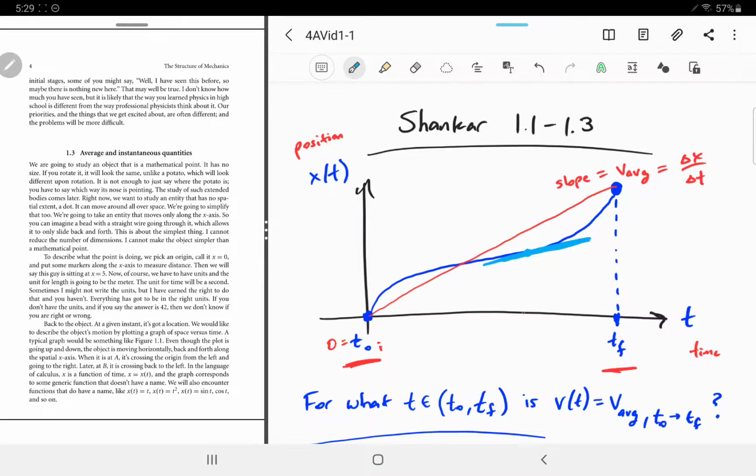So for this particular time, the slope is the velocity at that point. So v is dx/dt, the slope. It's bigger right here, and it gets smaller. It seems to reach a minimum somewhere in the middle of this graph, and then it goes up again.